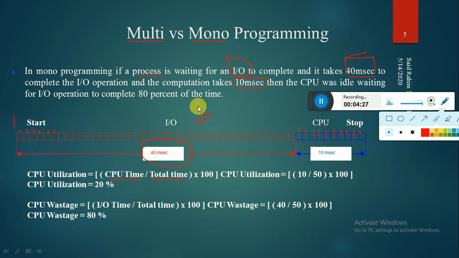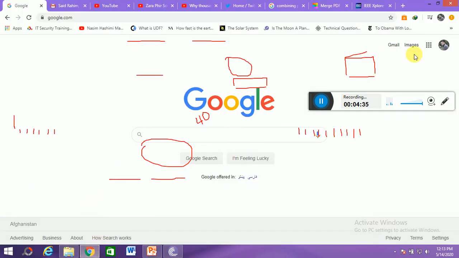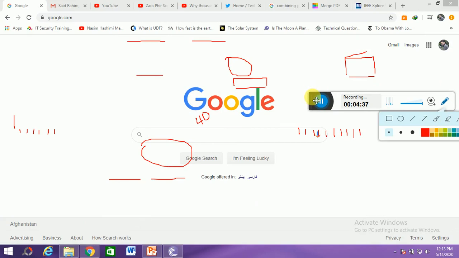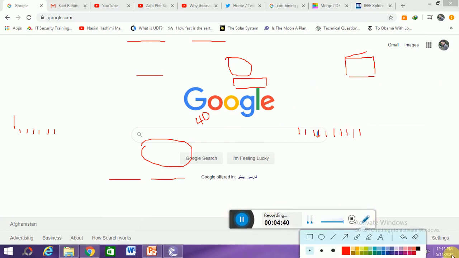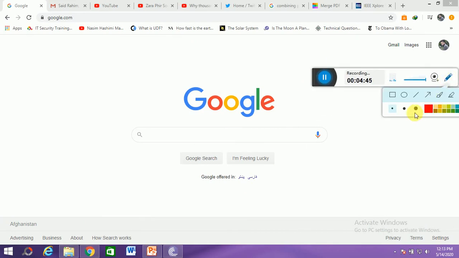Let me do this example practically, so that you can understand better. I will do it on this whiteboard. Okay, now look here. We have the CPU utilization formula. CPU time is 10 milliseconds, right?